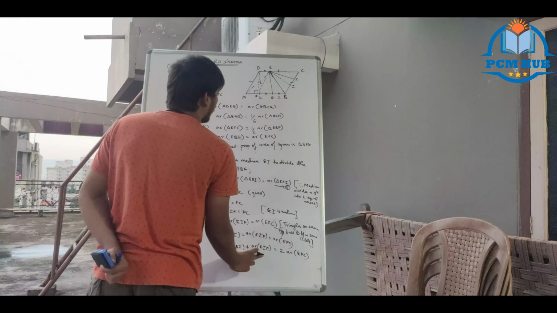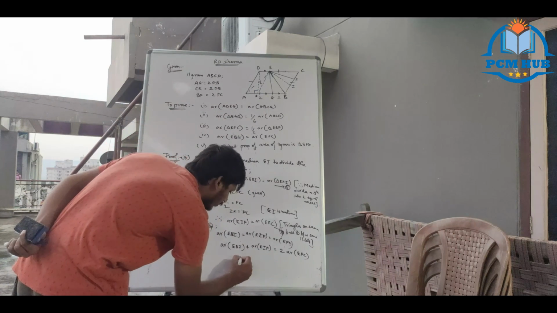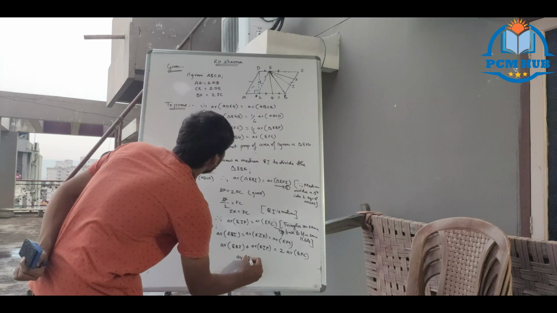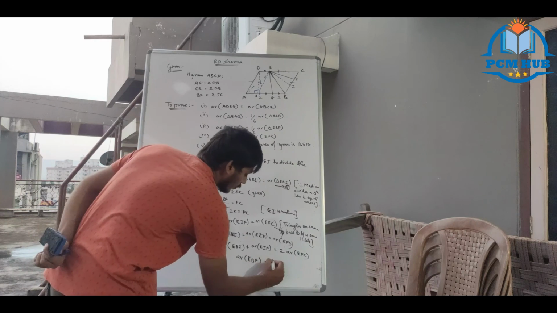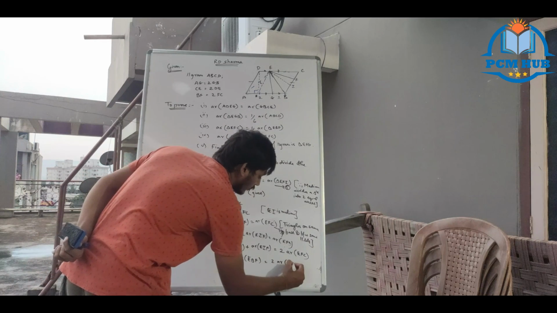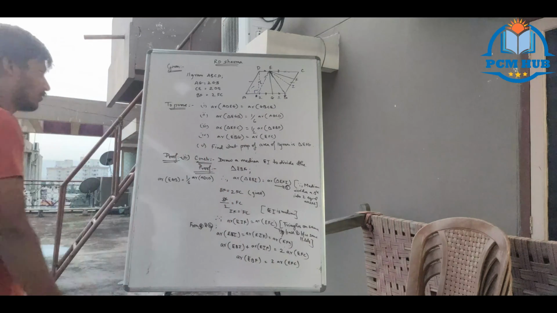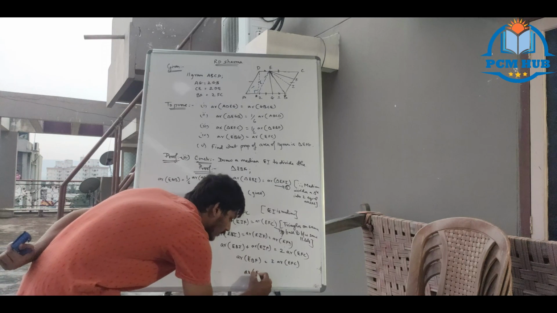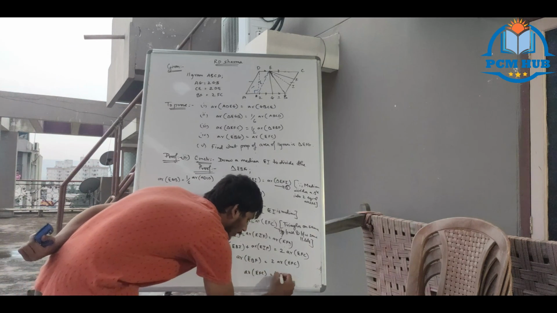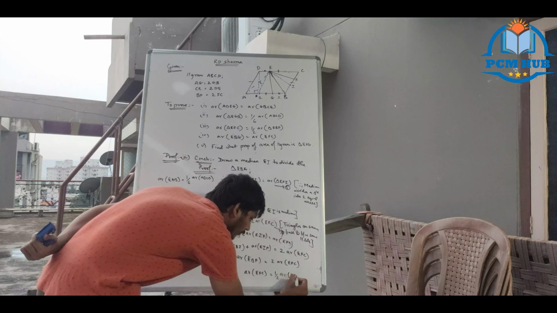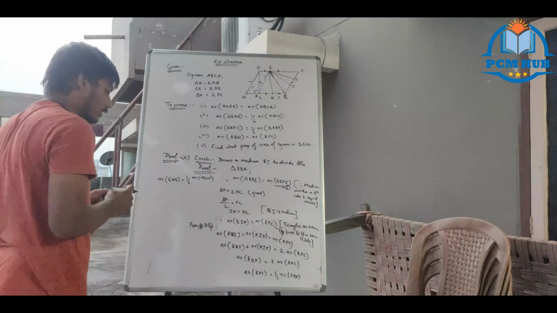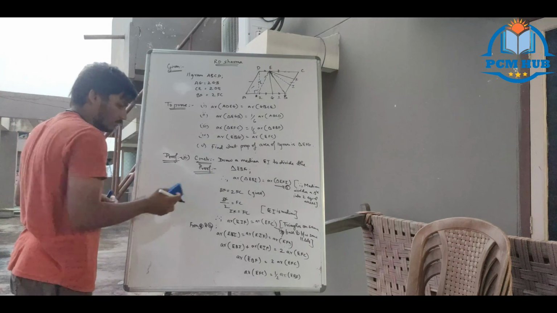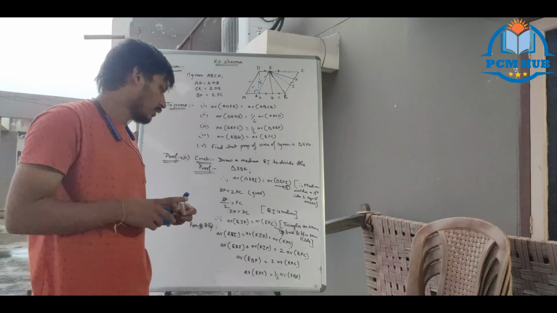So if you add both, then it will become area of EBF equal to 2 times area of EFC. Therefore, area of EFC equal to half times area of EBF. That's what we need. See, this is even simpler than this.